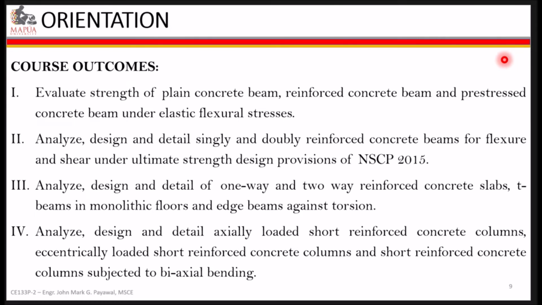So it could be a combination of bending and axially loaded beams and columns. This is how our lectures will be concluded for you to gain knowledge of the 4 outcomes. And of course, these 4 outcomes would attest your understanding and your passing of the course.